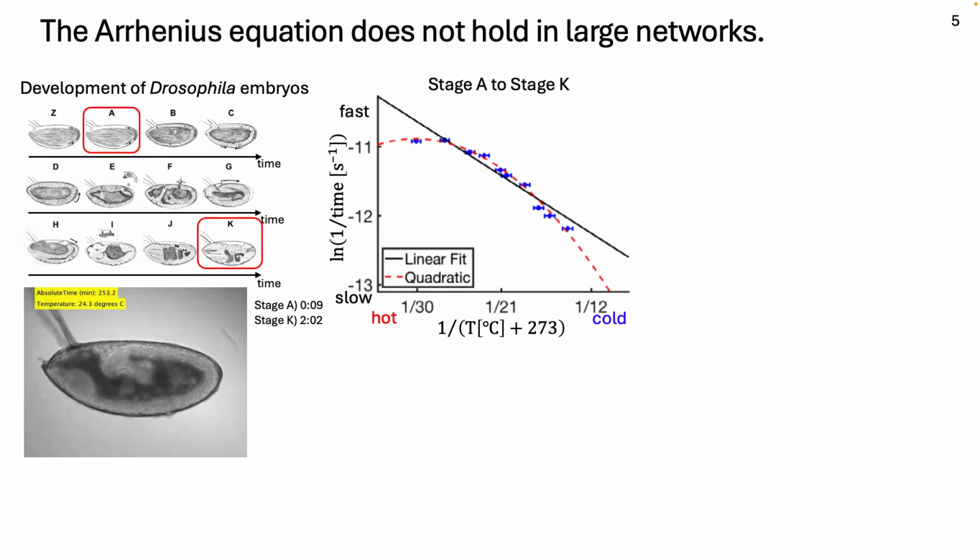In this case, time means the time interval from stage A to stage K. So what that means is, when we have a single cell for the Drosophila, as time goes, it's dividing and growing up, right? As temperature goes down, that process slows down and slows down, or the velocity becomes smaller and smaller. It's a very universal phenomenon.